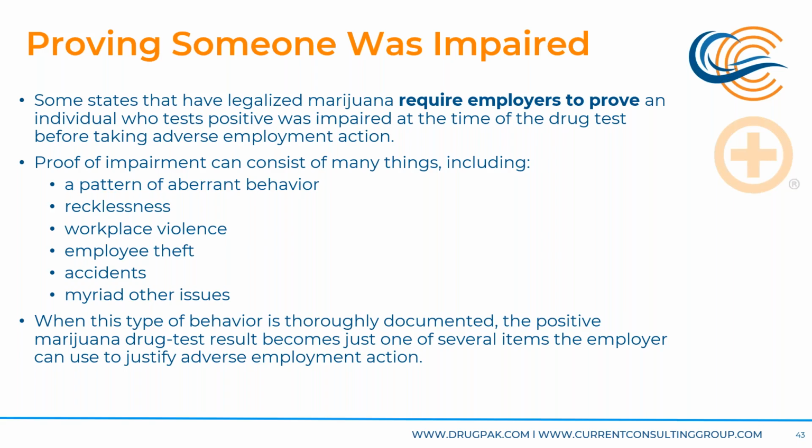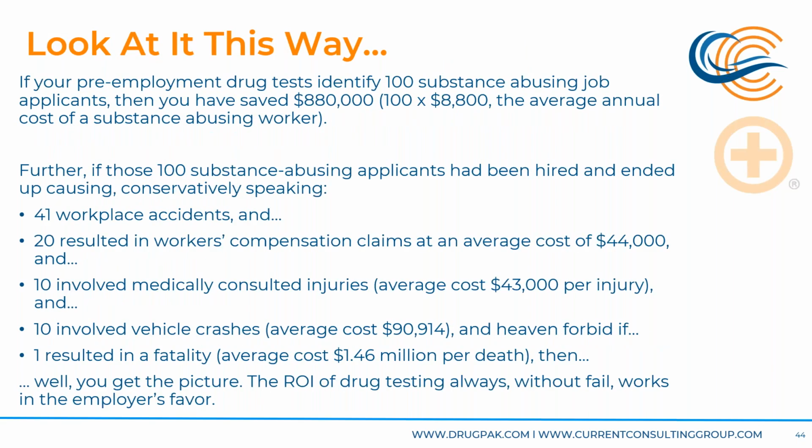Those things all together can give the employer all that they need to be able to take adverse employment action. They're not relying solely on a drug test result. It may be a combination of other things. So keep all of that in mind when you're looking at it.